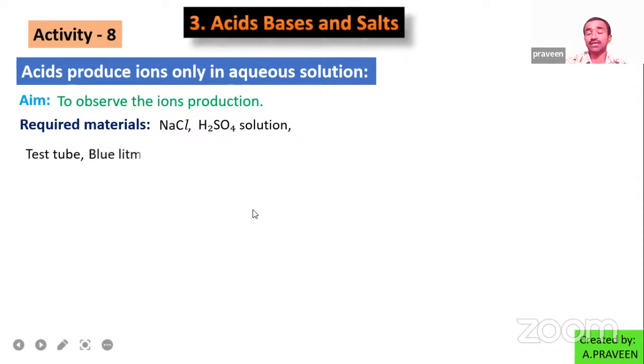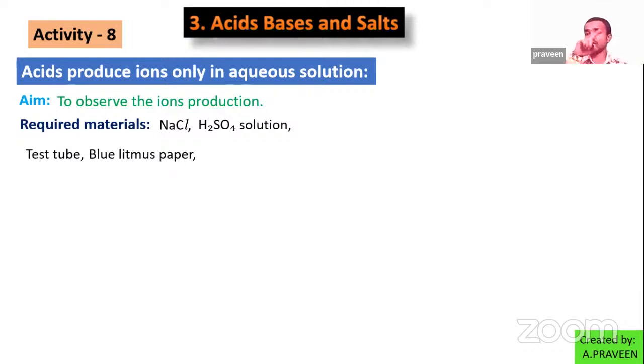These are the materials required, along with the chemical substances. I am also collecting blue litmus paper to test the nature of the gas. Which gas are we going to produce? HCl gas. Does HCl behave as an acid or not? That we are testing. Blue litmus paper is enough for me.